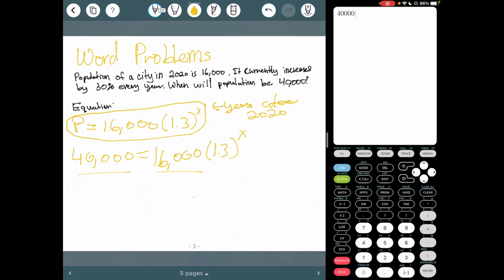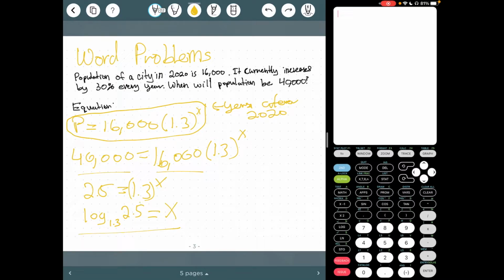So 40,000 divided by 16,000 should be 2.5. Yep. So 2.5 equals 1.3 to the power of x. So now what we can do from here is convert this to log form. So log 1.3 of 2.5 equals x.